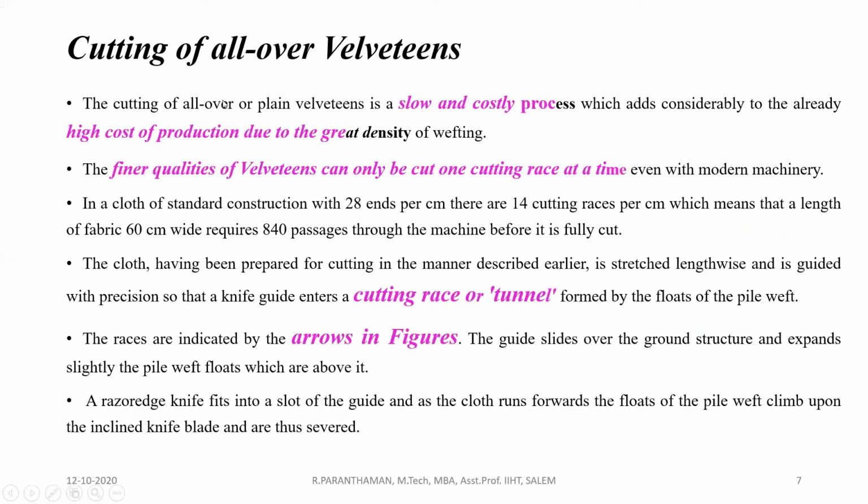The cutting of all over velveteens, or plain velveteen, is a slow and costly process which increases the cost of production due to the great density. Already the process is very slow because we are using a greater number of picks.